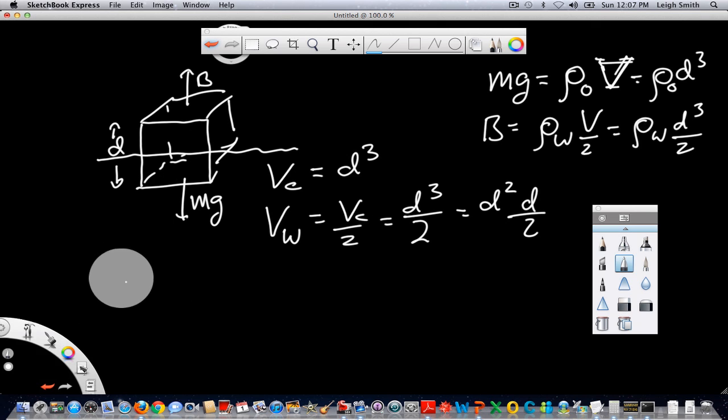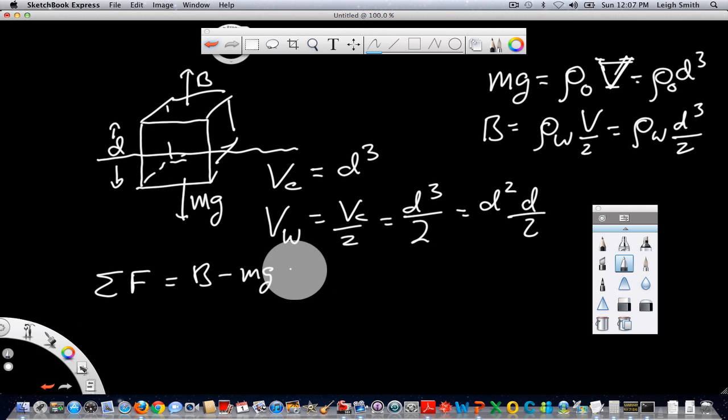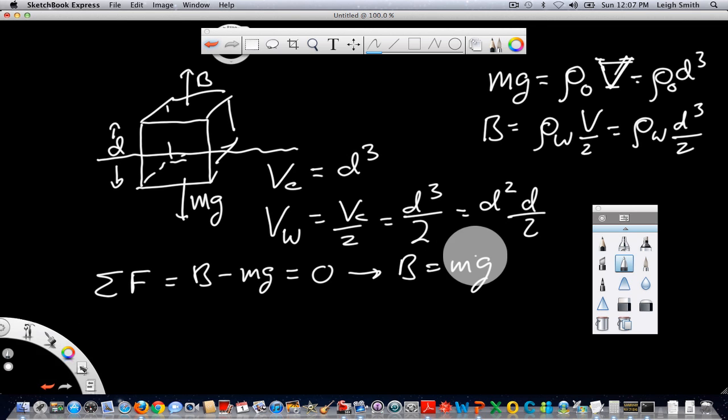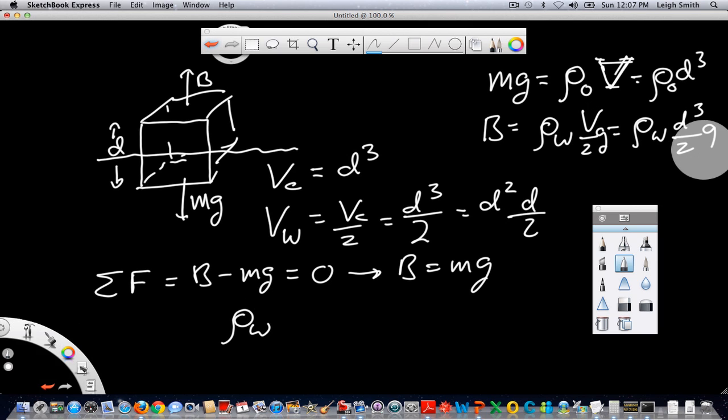And so Newton's laws say the sum of the forces, the buoyancy force minus the weight of the object, has to be equal to 0. That means the buoyancy force is equal to the weight of the object.